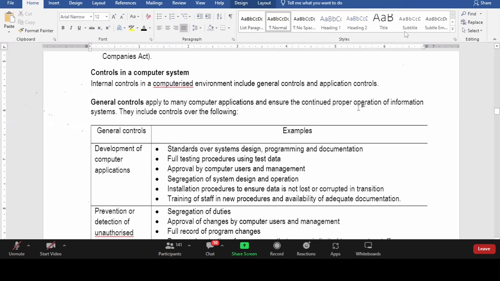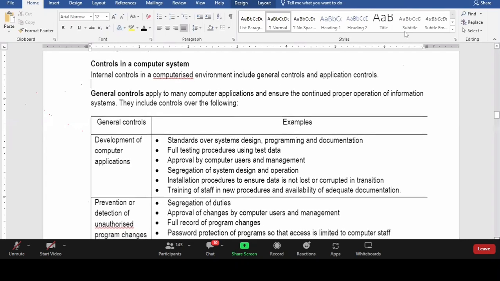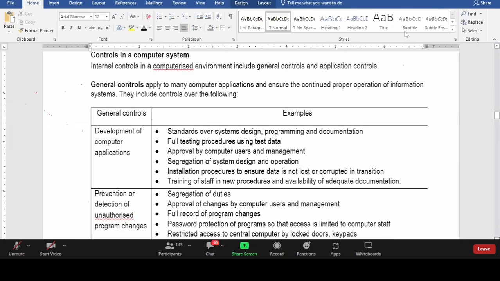General controls apply to the computer applications and ensure the continued proper operation of information systems. That's what you focused on in IT.